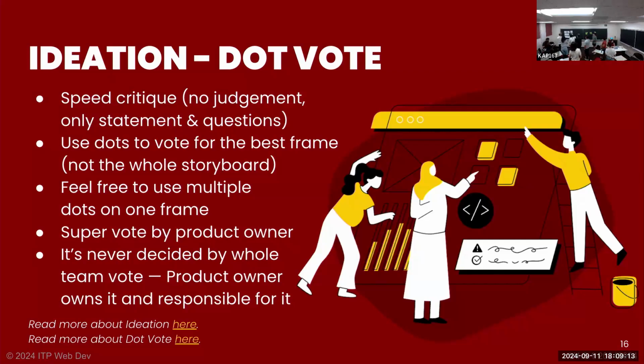You can also use multiple dots on one frame if you feel strongly about it, like, I want to give all my votes to this one. Just put it on the front.